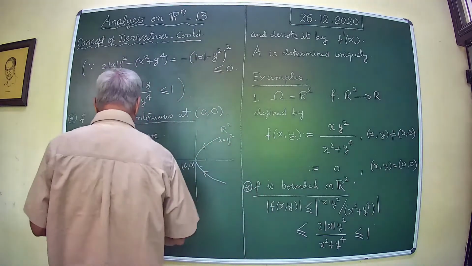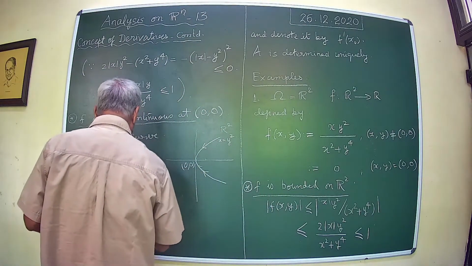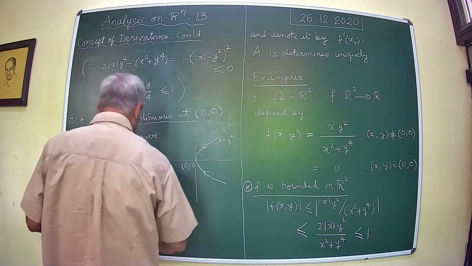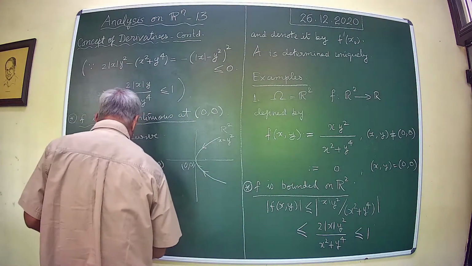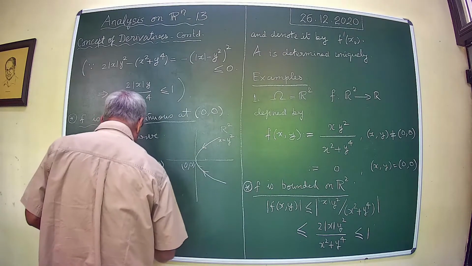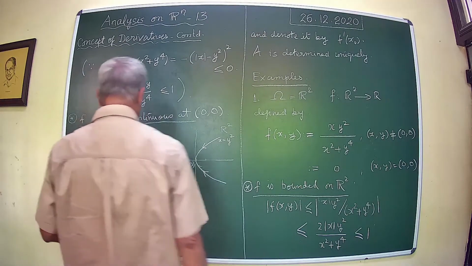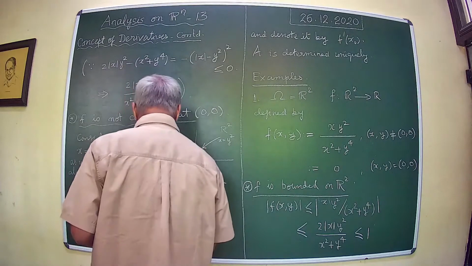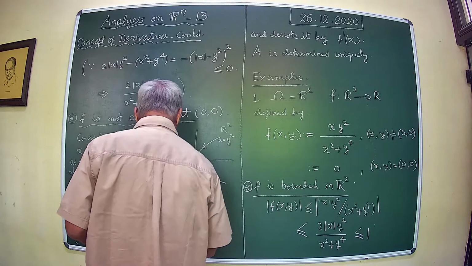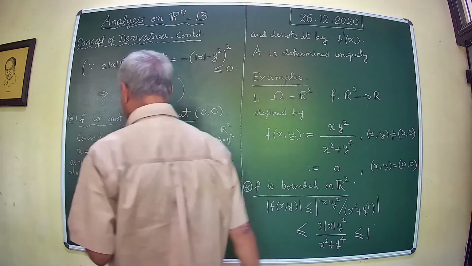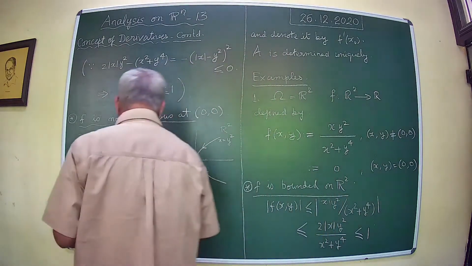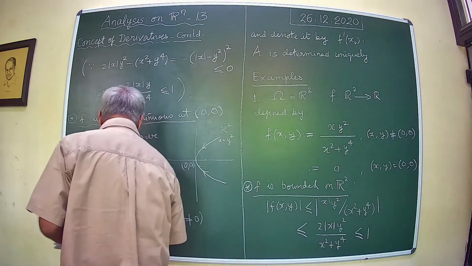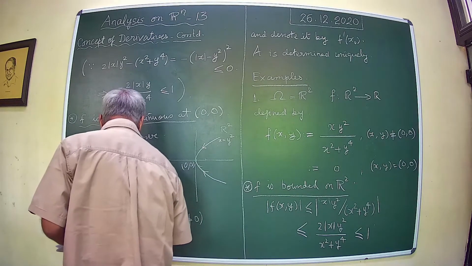So you get y to the power 4 divided by 2y to the power 4, which is equal to 1 by 2.